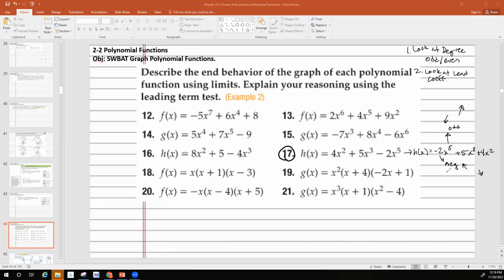So here, we're going to write these as limits. The limit of h of x as x approaches, going to the left first, negative infinity, we know as we go to the left, it's going to be going up, so this is equal to positive infinity.